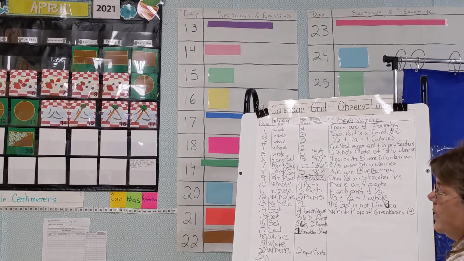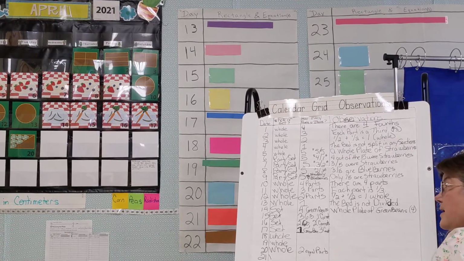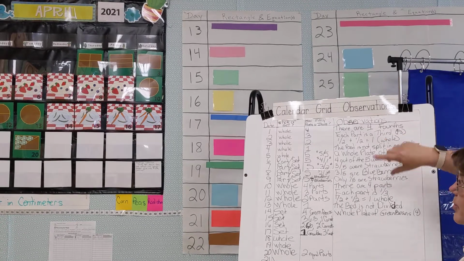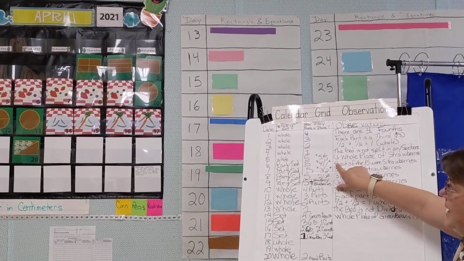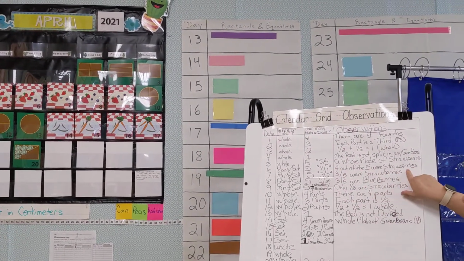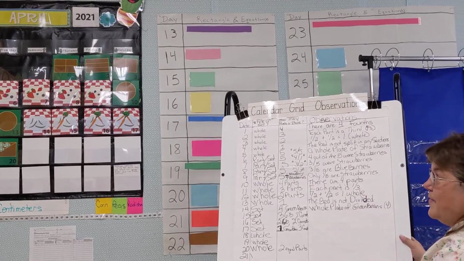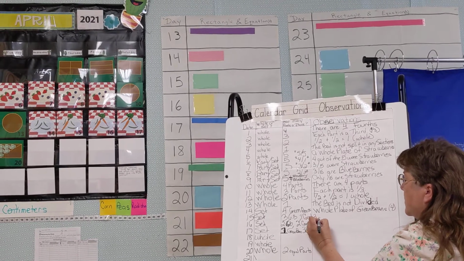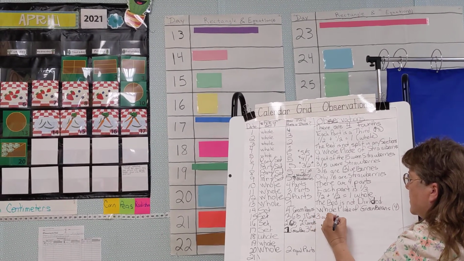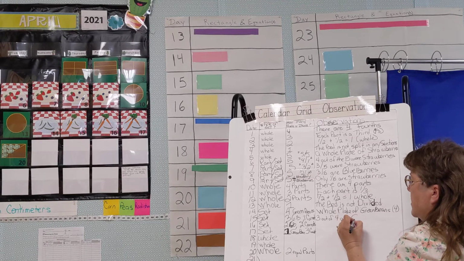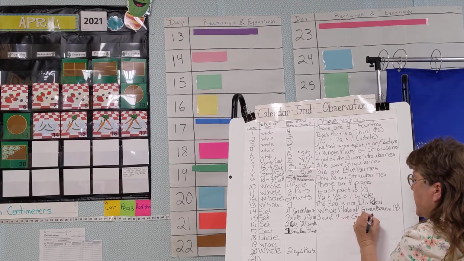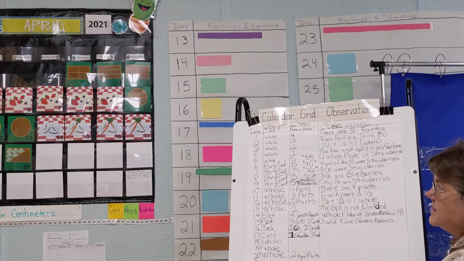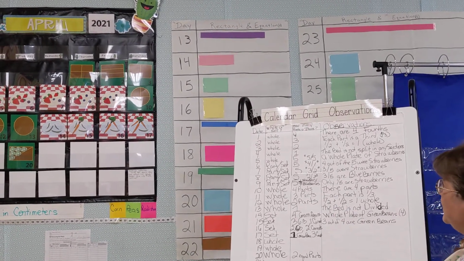Okay, the next one we have 1 carrot and 3 green beans. And before, when we were doing parts, we wrote it as 4 out of 5 were strawberries. So I'm going to write this one that 3 out of 4 are green beans. Now the next one is 2 carrots and 2 green beans.